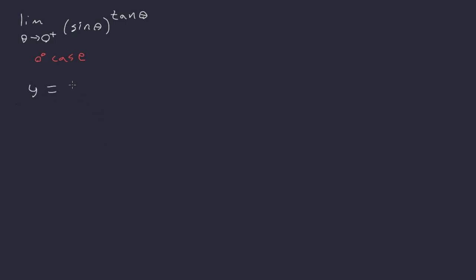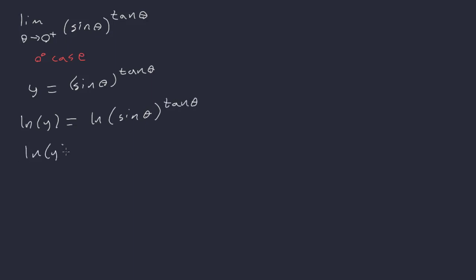So I'm going to let y equal sine of theta raised to the tangent of theta, and then take the natural log of both sides. Once we apply our log rules here, the natural log of y is equal to tangent theta times the natural log of sine theta.